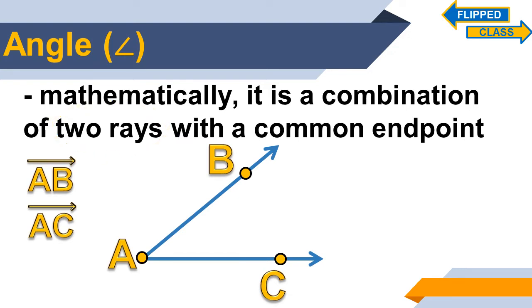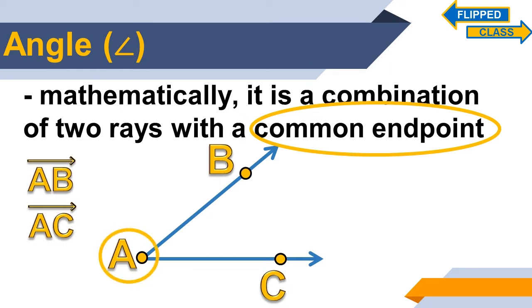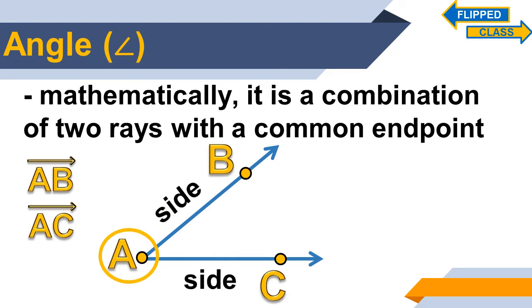The common endpoint in this figure is the point A. That is where both rays joined. Now, these two rays, ray AB and ray AC, in an angle are called sides. And the common endpoint, which is again point A, is called the vertex. So the parts of an angle are sides and vertex.